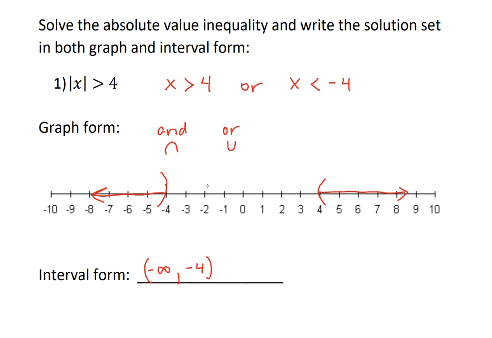We close it with whatever symbol is on the number. And then it picks back up at 4 and it goes to positive infinity. And we close that with a parenthesis. And then to connect these two intervals, we say this is the union of these two intervals. And we put the union symbol in between those two intervals.